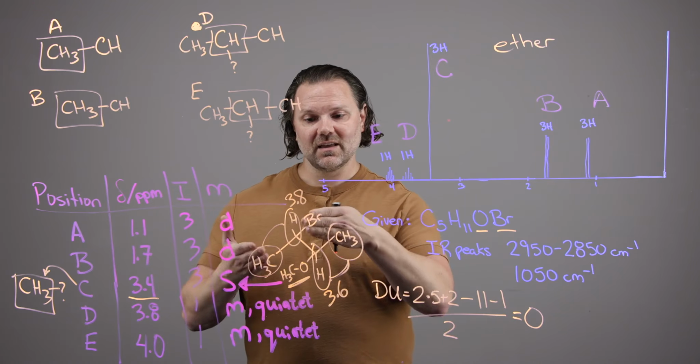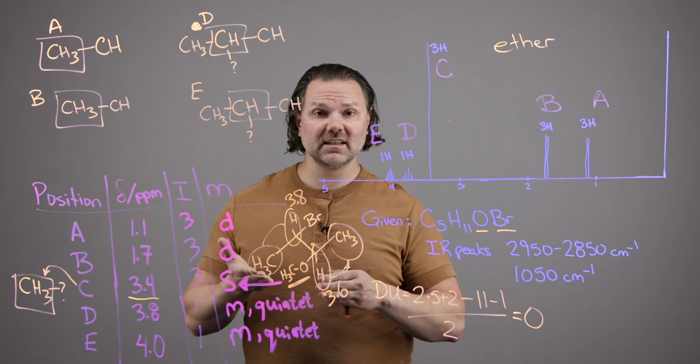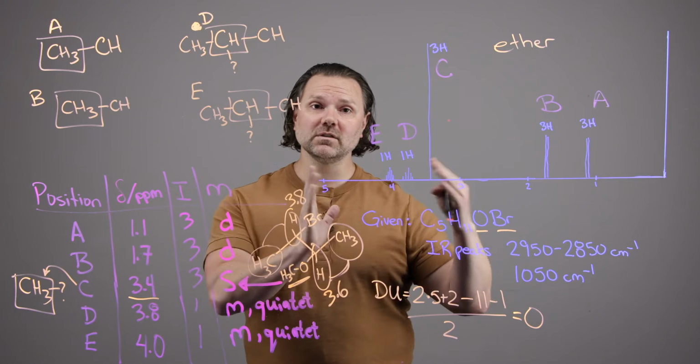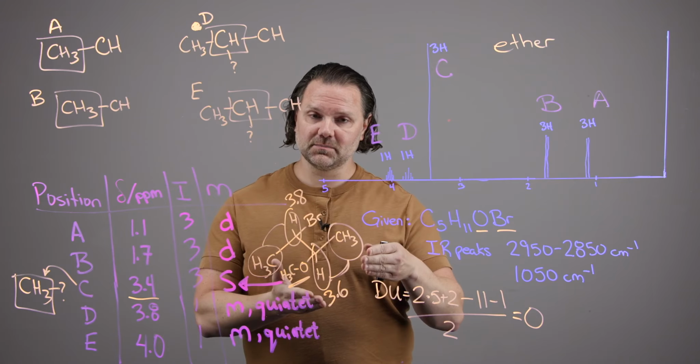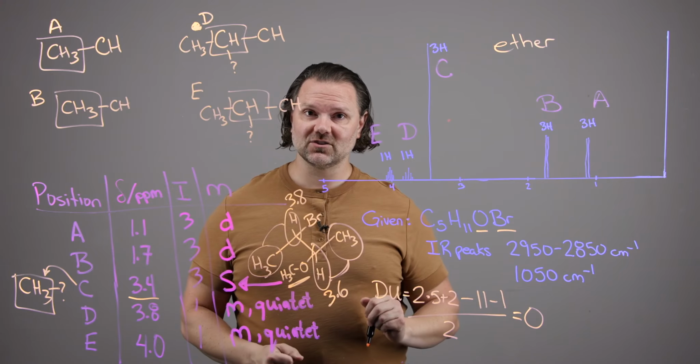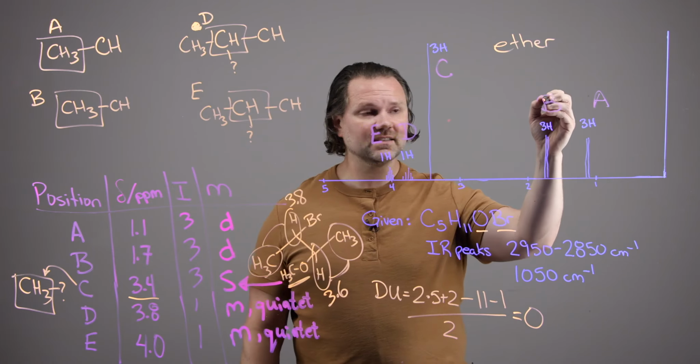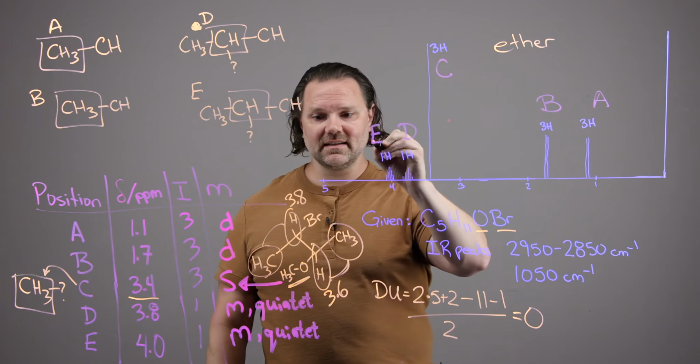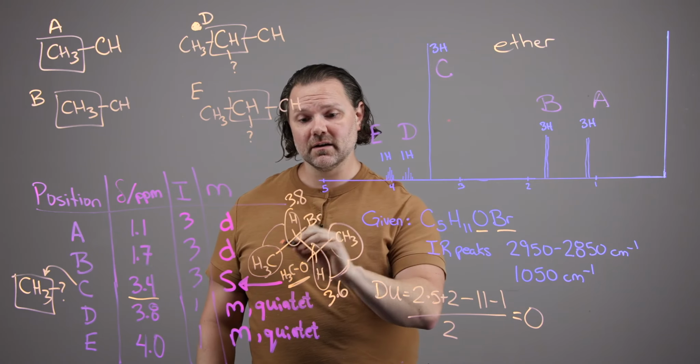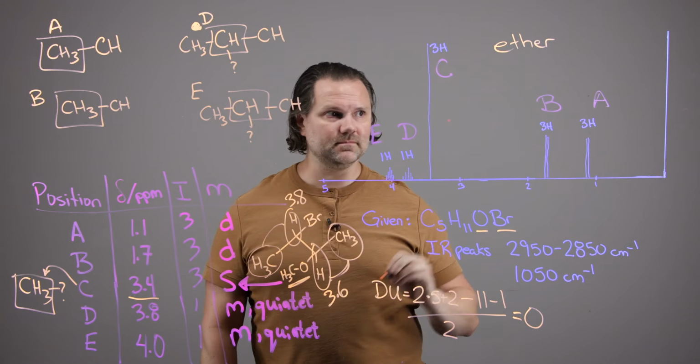So in other words, this pair of the CH and the CH3 should be more deshielded than this pair of CH and CH3. So that tells us that B and E are going to be the pair close to the bromine.